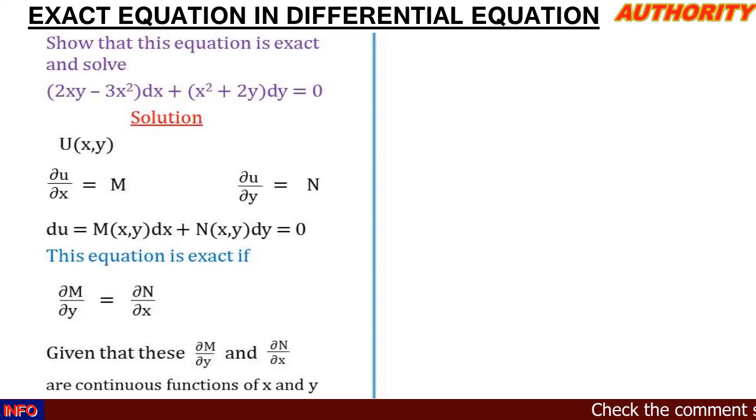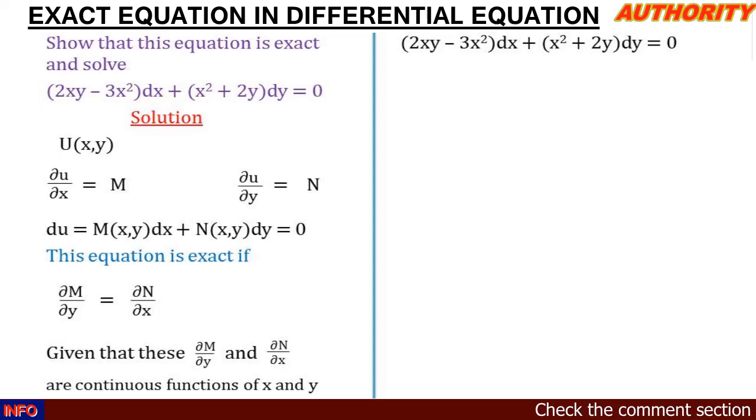We have (2xy − 3x²) dx + (x² + 2y) dy = 0. This is the question we are given, and we are asked to show that this equation is exact. How are we going to do this?